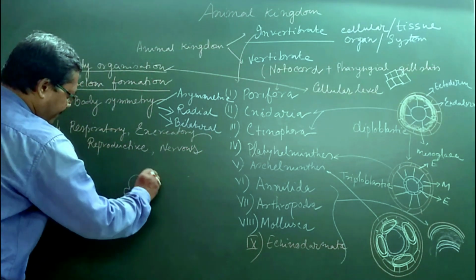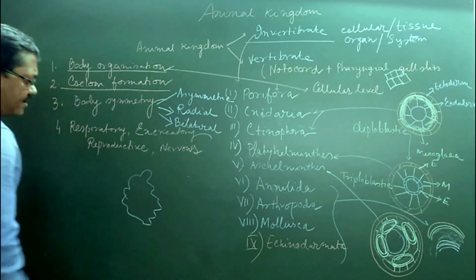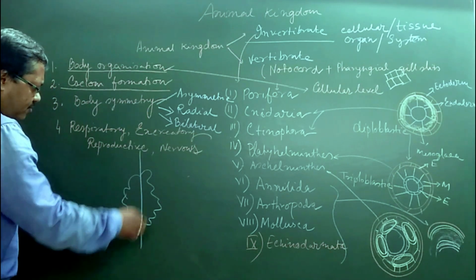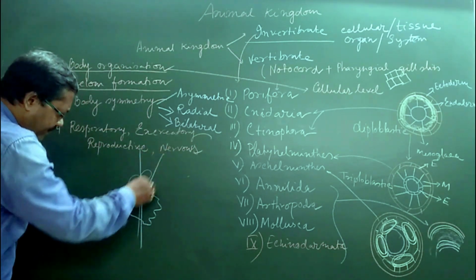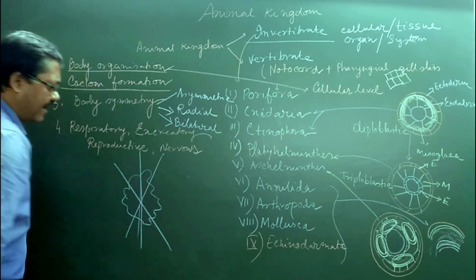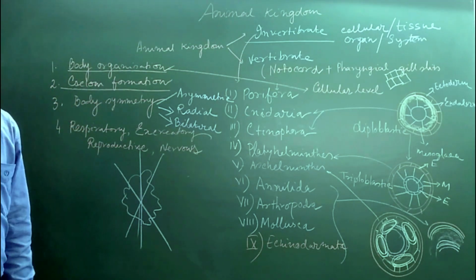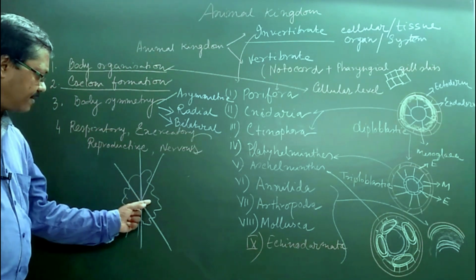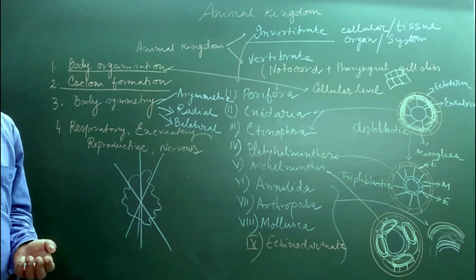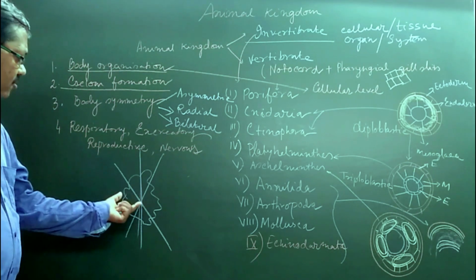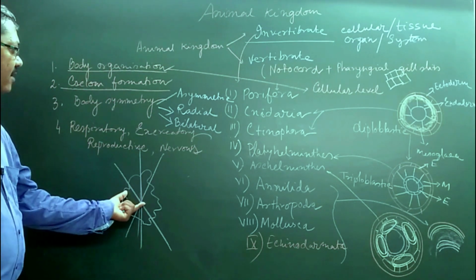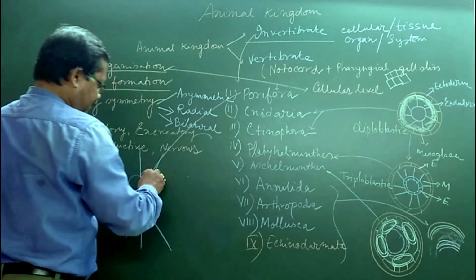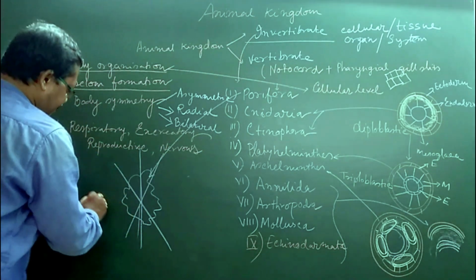When we dissect this type of body at different angles, we do not get any piece that is similar to the other. All different pieces are dissimilar with each other. There is no symmetry. That is why these are called asymmetrical. This is found in Porifera. Porifera is asymmetrical.